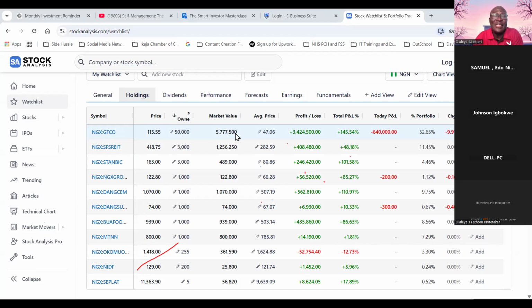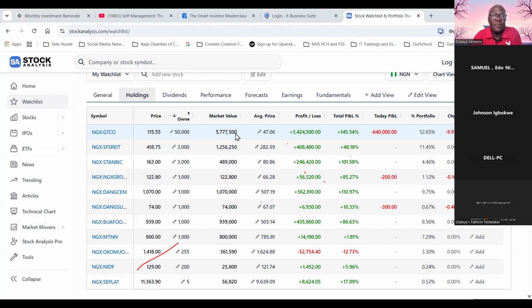So ideally, you should buy most stocks in a similar or about the same range. If you have Gitco at maybe 20,000 units, you should have SFS REIT at about 5, maybe Stanbic about 5, but it shouldn't be wide apart.